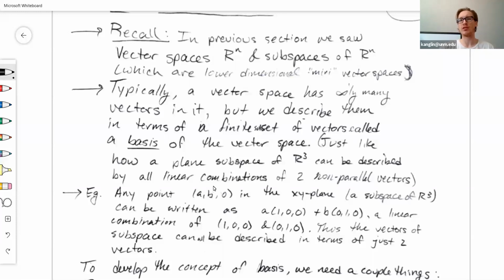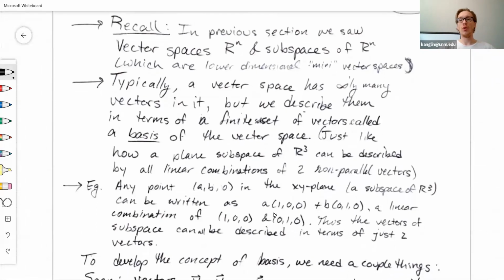So the set of all vectors of this form is really just a linear combination of the vectors (1, 0, 0) and (0, 1, 0), right? A scalar times one of those vectors plus another scalar times the other. So in that way, we can describe this subspace, the xy plane, as a linear combination of (1, 0, 0) and (0, 1, 0). Or we can describe any vector in that subspace as being a linear combination of these two.